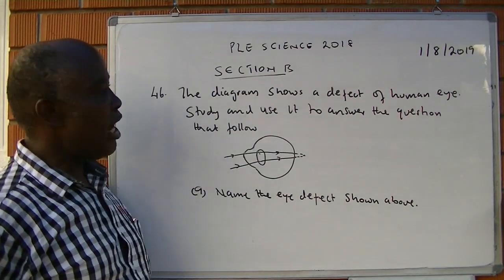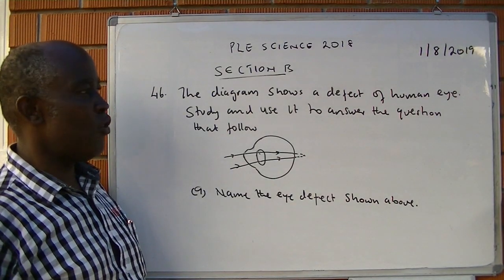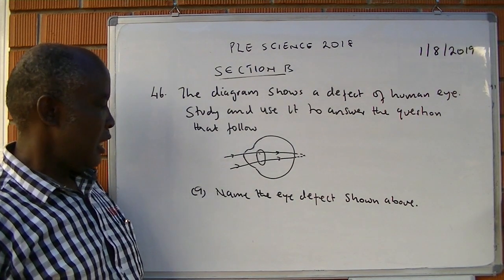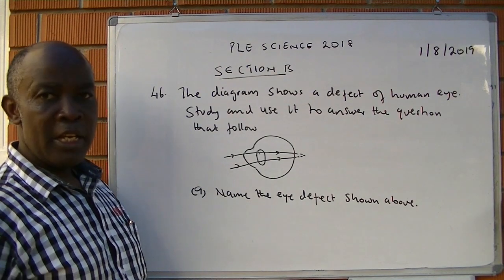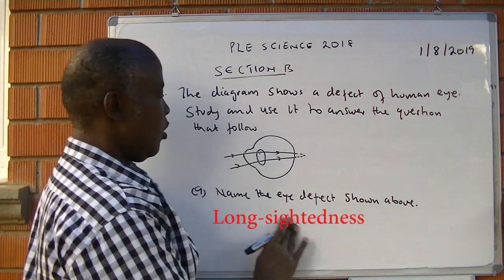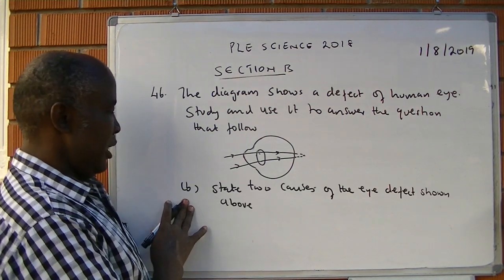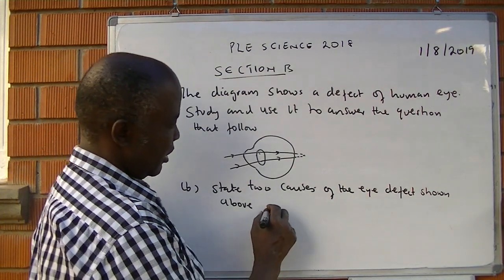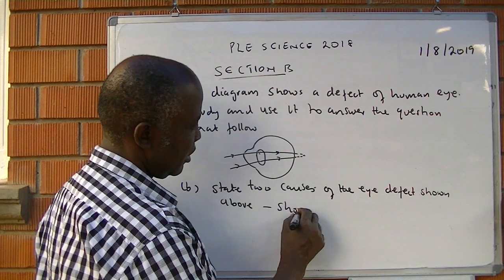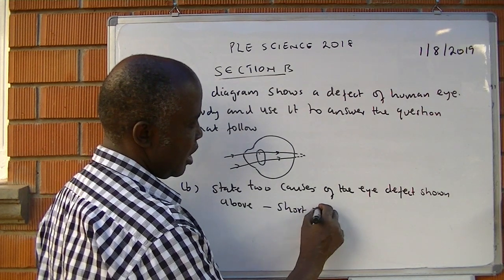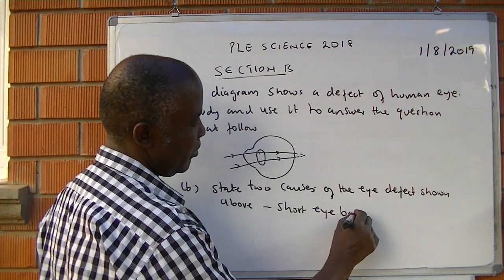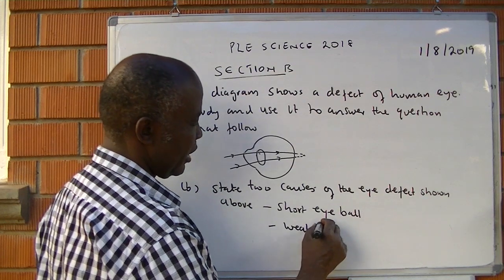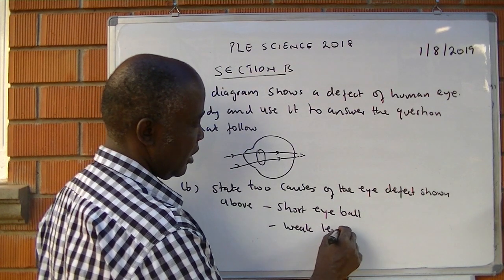Number 46, the diagram below shows a defect of the human eye. Study and use it to answer the questions that follow. A, name the defect. This is long-sightedness. B, state two causes of the eye defect shown above. That is short eyeball, weak lens.